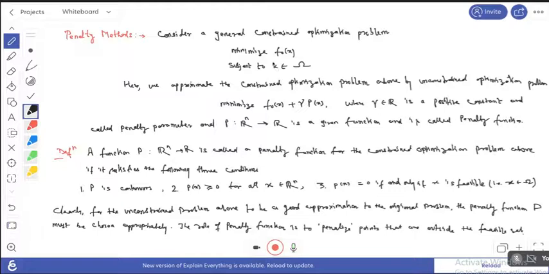In that sense, that function p is always differentiable. Now in the next page we write those things which I have just said here.